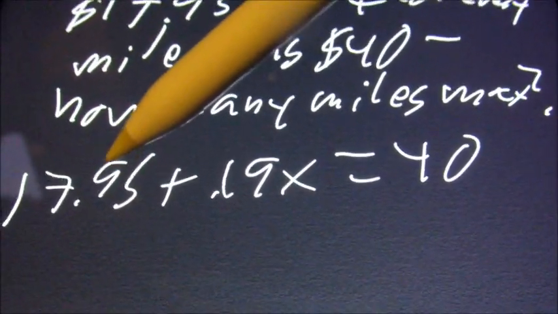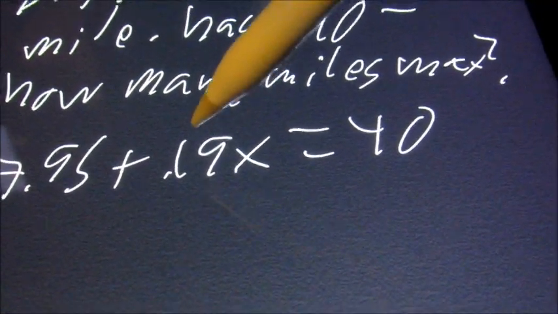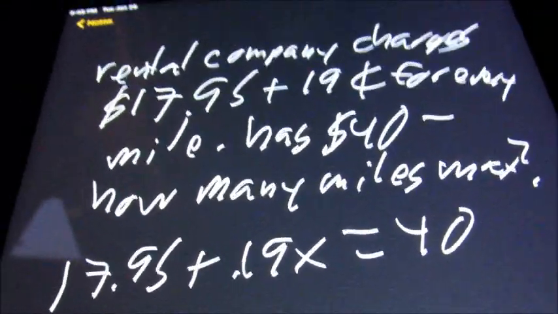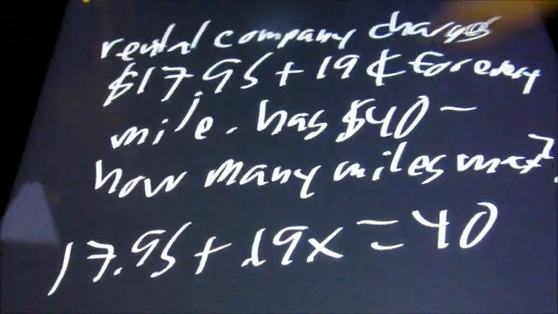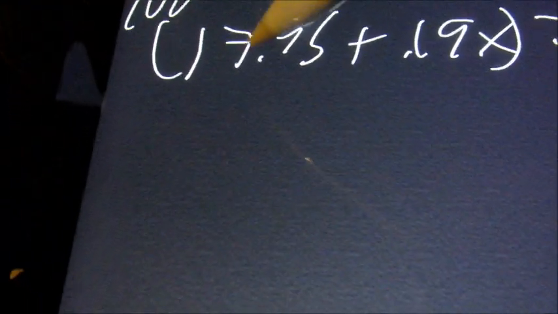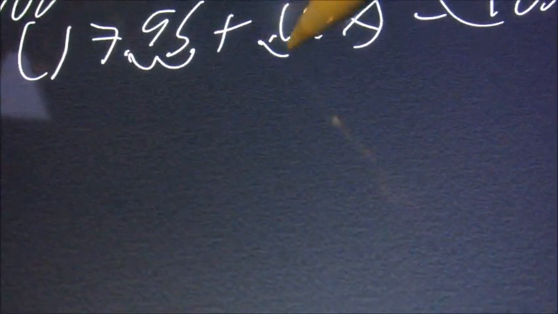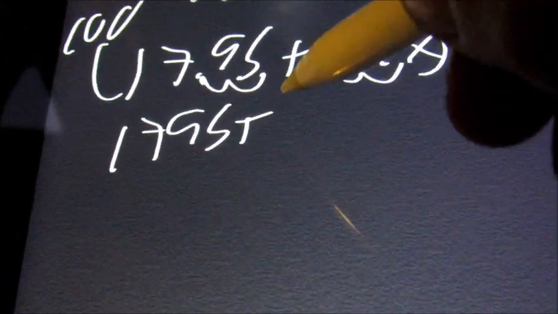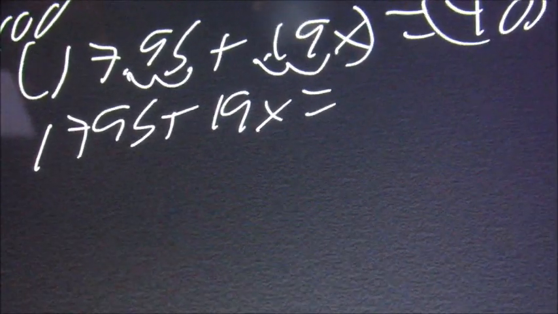We have 2 digits past the decimal here, 2 digits past the decimal here, 0 here, but that means I need to multiply everything by 100. And so this will move the decimal over 2 spots and 2 spots. So this becomes 1795 plus 19x equals 4,000.